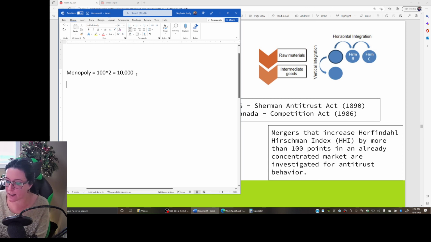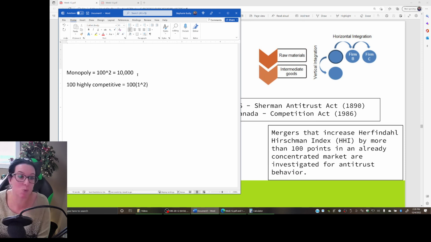In comparison, if you have 100 highly competitive firms, so let's say that each of these 100 firms has 1% of the market share, then we take 1 squared, which is 1, and we multiply that times 100.